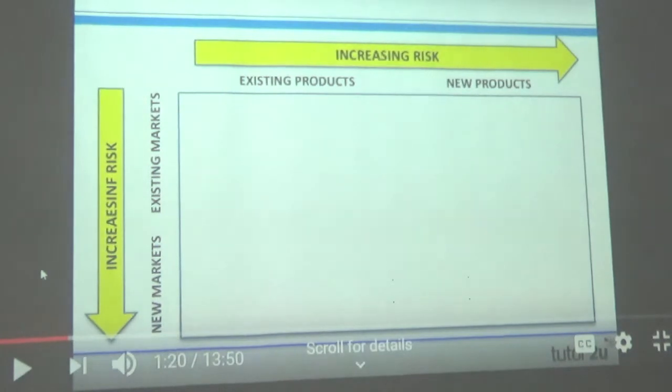I'll just give 2 broad examples and then I'll come back to it. For example, let's say you just sell online and ship from wherever you're shipping from. It's relatively difficult, less profit, but a low-risk strategy.